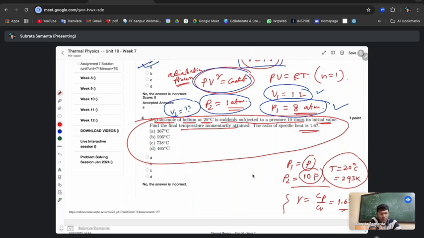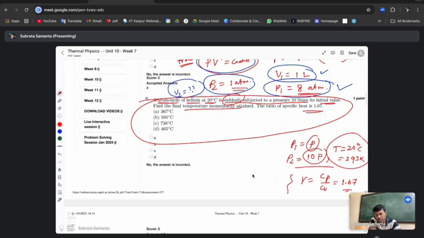If you read the problem carefully, the helium is suddenly changed, and any sudden change process is basically an adiabatic process. So consider it as an adiabatic process, where PV to the power gamma equals constant.